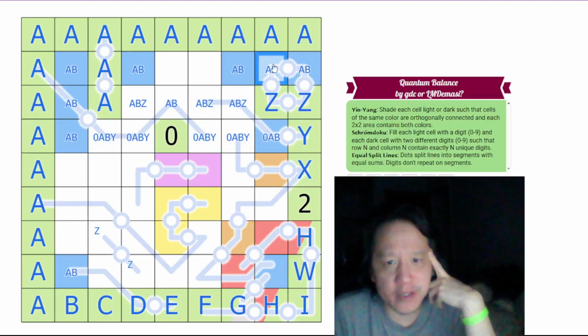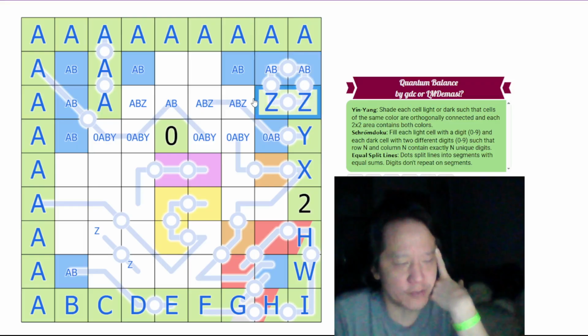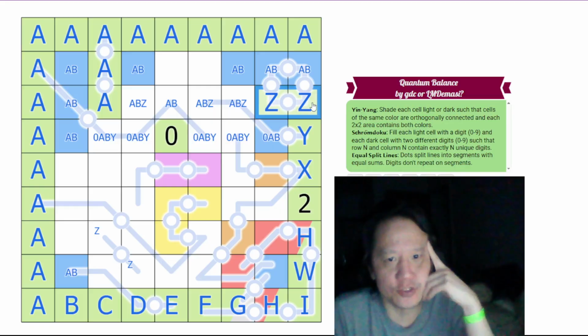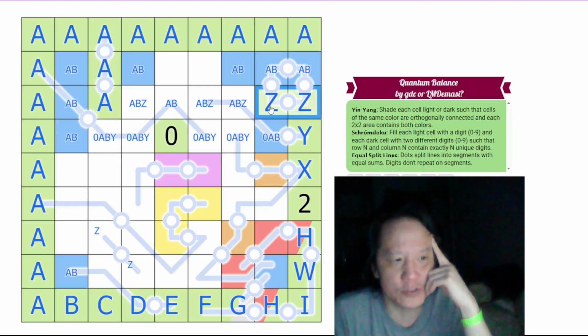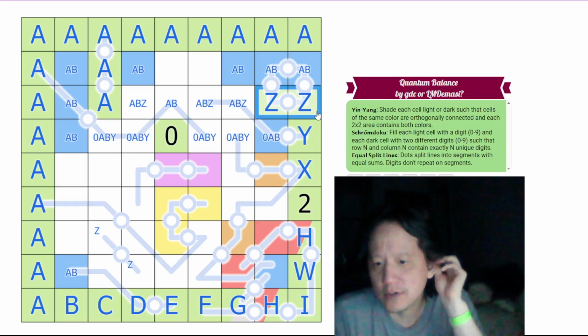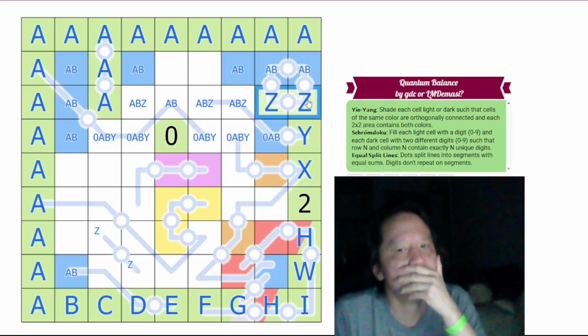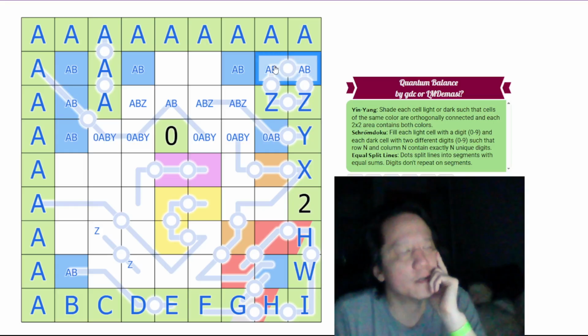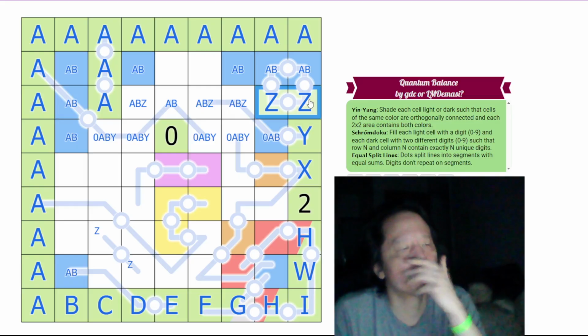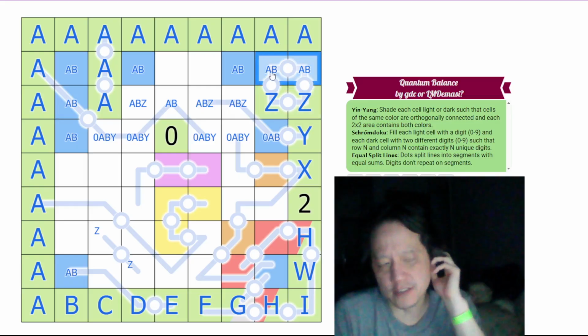So if A, B are not 0, Z cannot be 0 here. Because the new digit cannot be both blues, so it can't be A, B added together. And they have to be distinctly different digits to be in the blue. So A, B could be added together, but it has to be with another digit here. So this would be Z. So that's if A and B are not 0. That would mean Z is not 0.